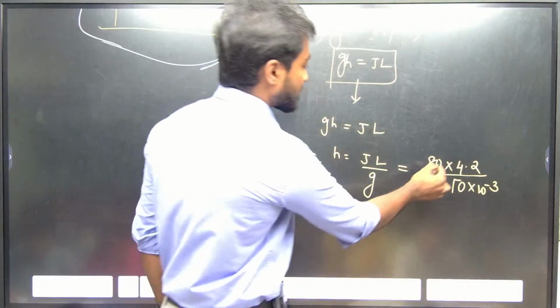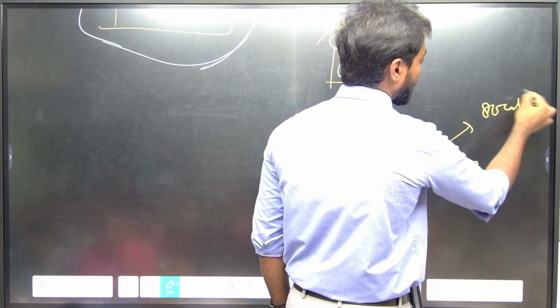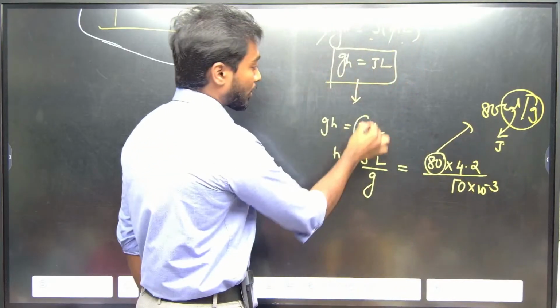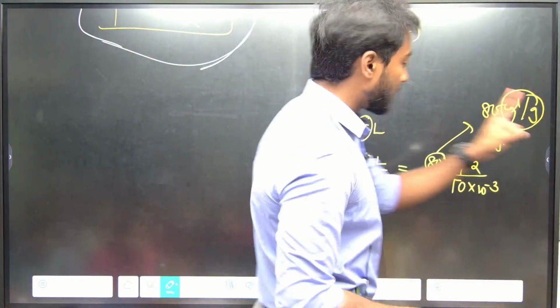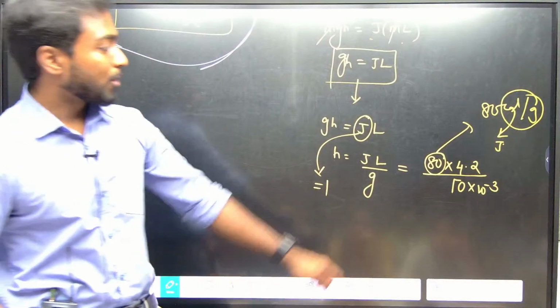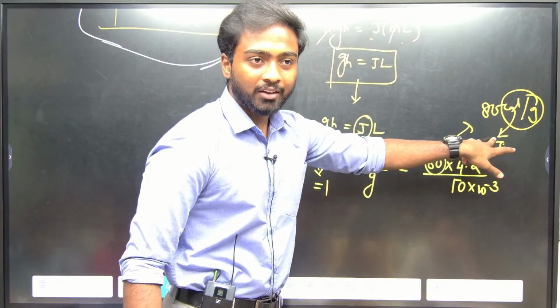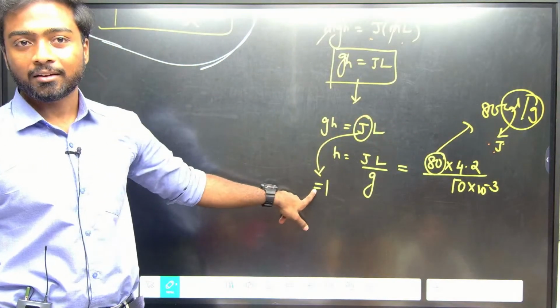See, this is 80 calories per gram. I have converted this calorie into joules. If we are converting anything into joules, then the value of J I need to consider as 1, because I have converted this into joules. Now everything is in SI units. If everything is in SI units, then take the value of J as 1.